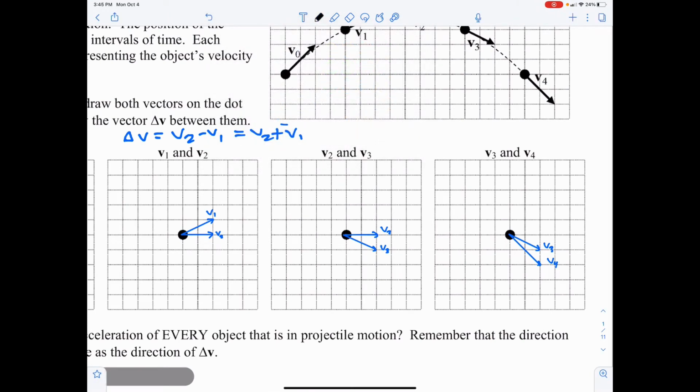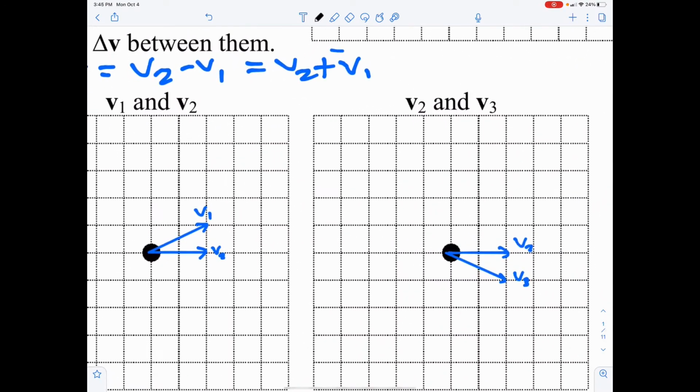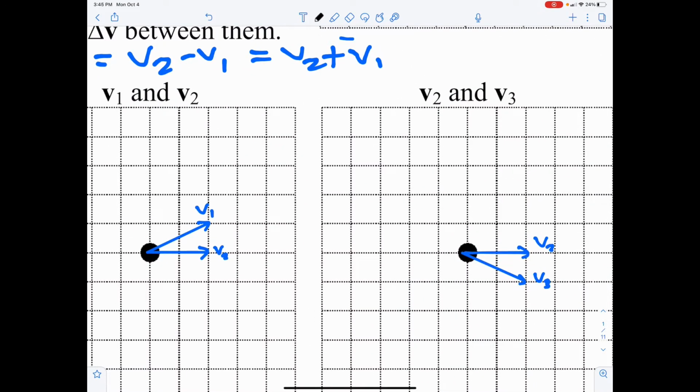Now, to draw delta V, you're simply drawing it from the tip of the first vector to the tip of the second one. At least that was the shortcut that was shown to you.